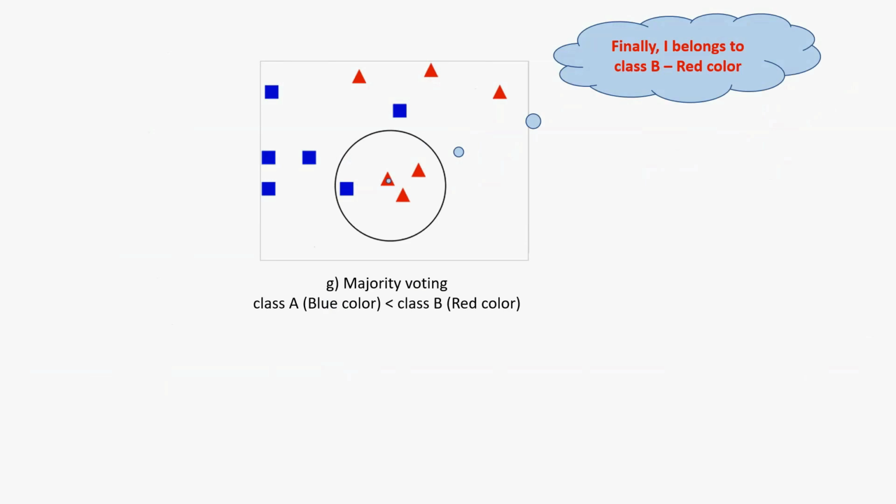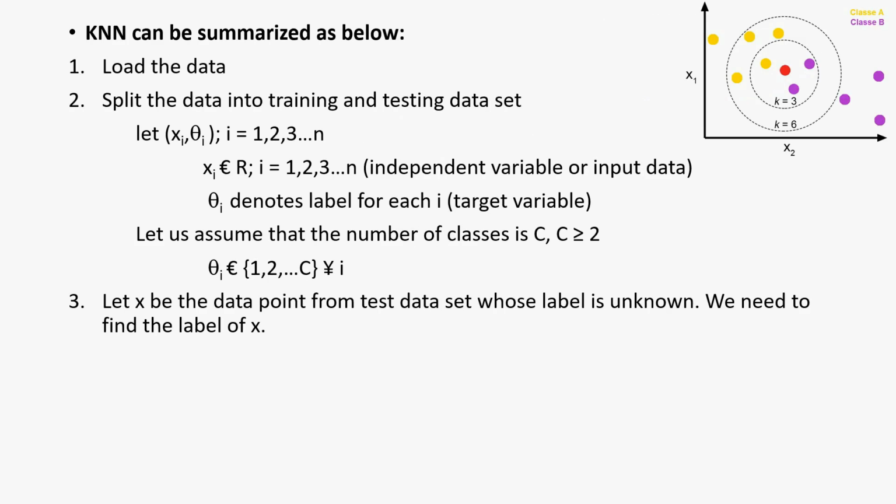Class A has only one blue point, class B has two red points. So based on majority voting, the unlabeled data is classified under the class of red color, that is class B. So finally it tells us the data belongs to class B, that is red color.